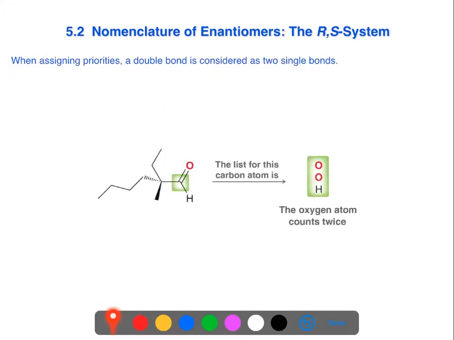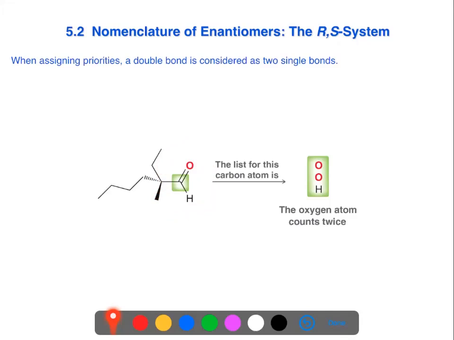Now, if you're assigning priorities and you come across a double or triple bond, then you treat the double or triple bond as 2 or 3 single bonds respectively. So in this example, you see you have this aldehyde functional group.